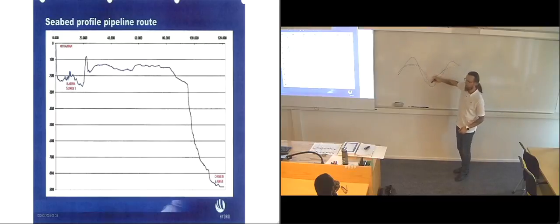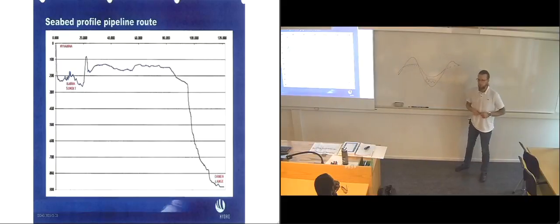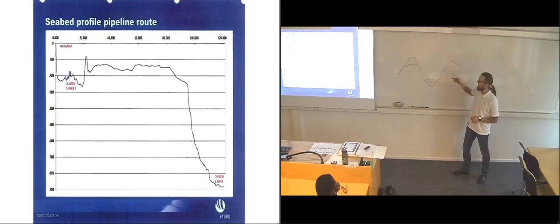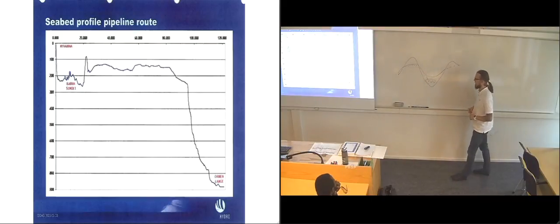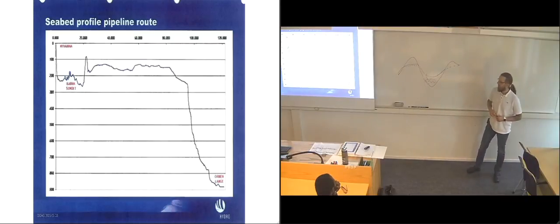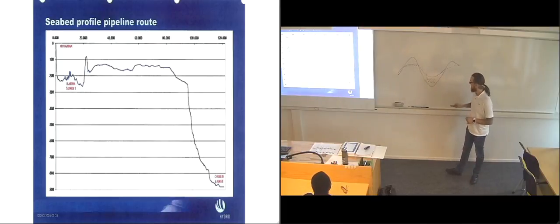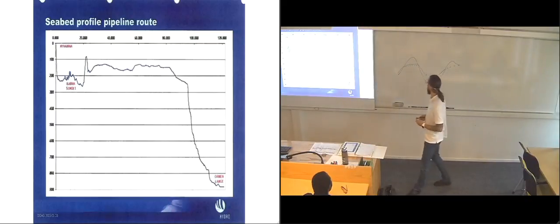So then you have to fill in with a lot of gravel beneath it just to give enough support to the pipeline. Because the pipeline can handle being suspended across gaps like this, but the gaps can't be too wide. If the suspended length of the pipeline becomes too long, you have to fill in with gravel beneath it. So a little bit is okay.